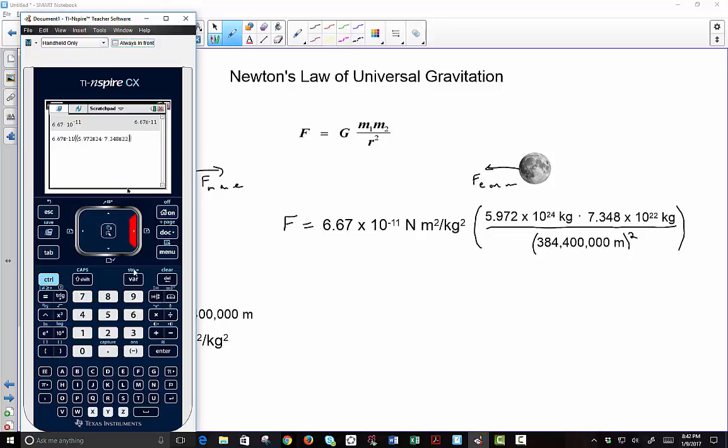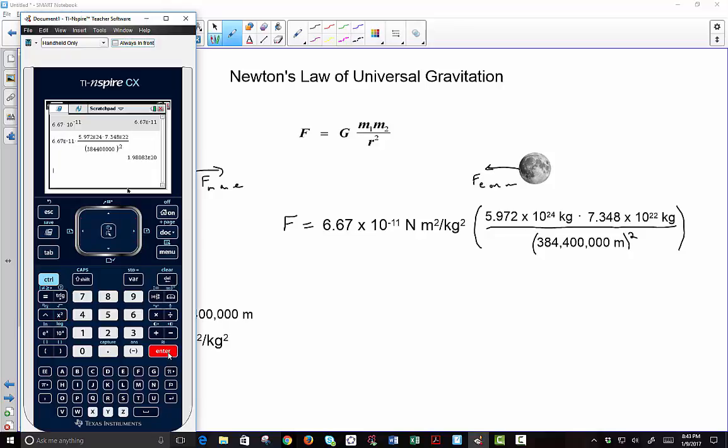And I'm going to click over and divide that entire thing by, I'm going to put this in scientific notation as well, 3.844, and that's got to move, we got 6, 7, 8 to the 8th power. And all of that is squared. Let me go back and put a parenthesis. And you can do this in pieces, that's fine.